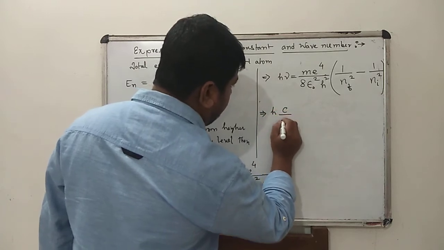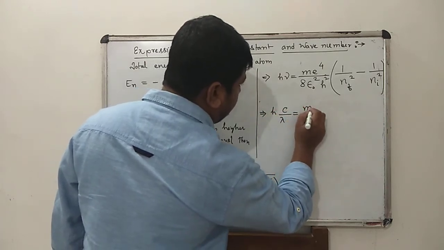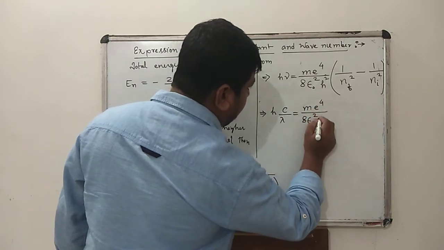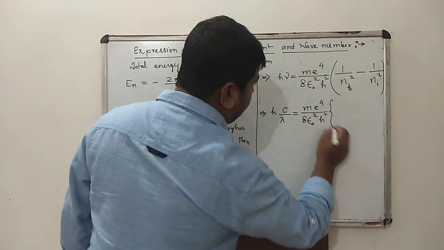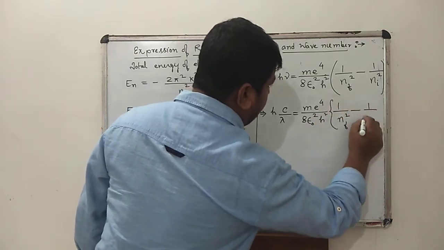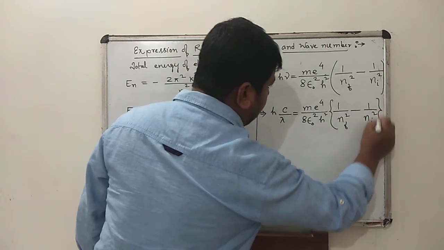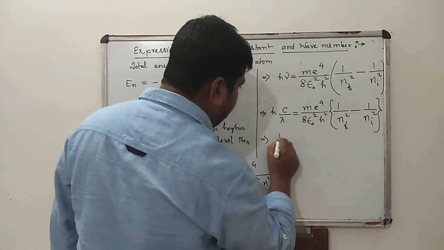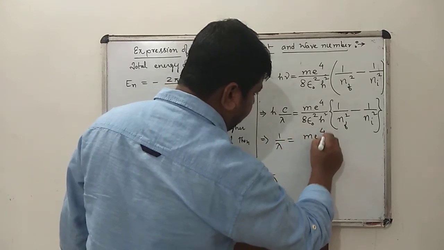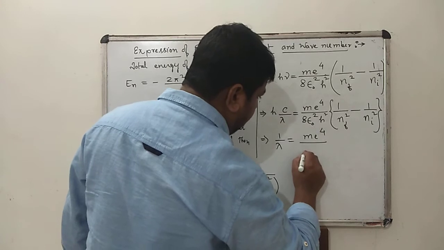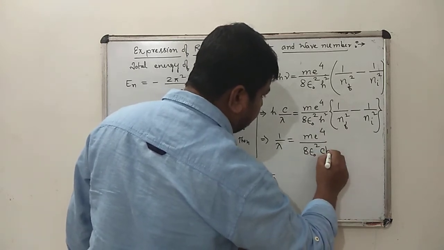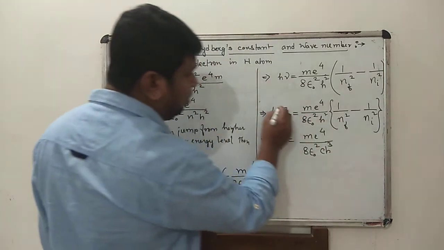So hc by lambda equals m e to the power 4 divided by 8 epsilon naught square h square into 1 by nf square minus 1 by ni square. So 1 by lambda equals m e to the power 4 divided by 8 epsilon naught square c h cube.